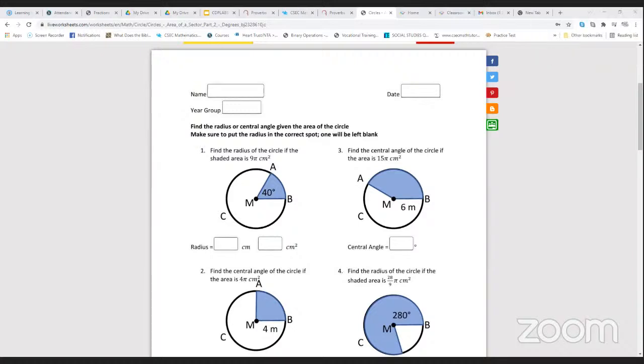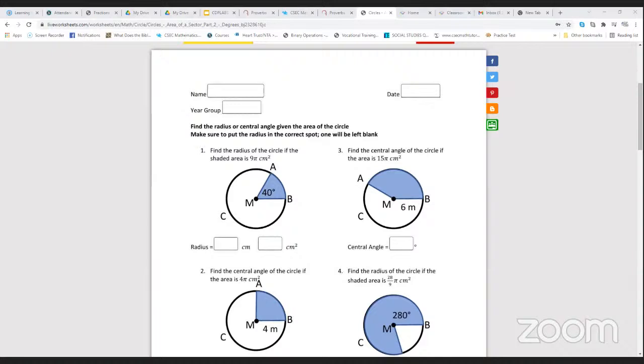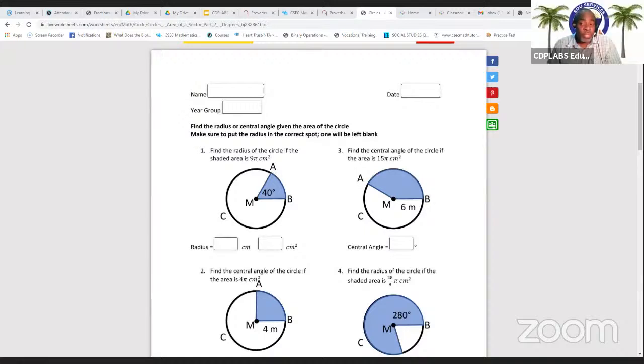I divided mine into more than 10. More than 10, how much do you have? 1, 2, 3, 4, 5, 6, 7, 8, 9, 10, 11, 12, 13, 14, 15, 16. How much? Wait, let me make sure I fold it.